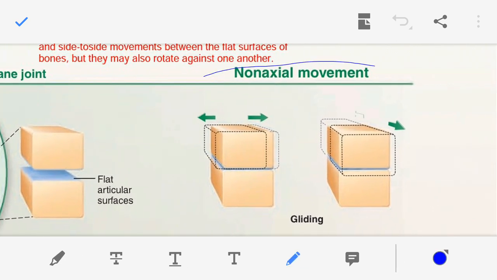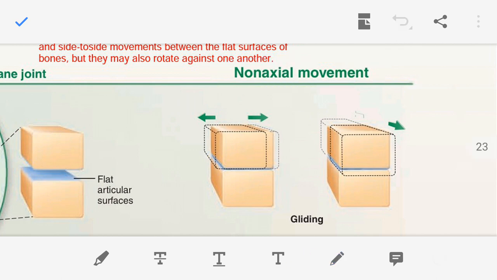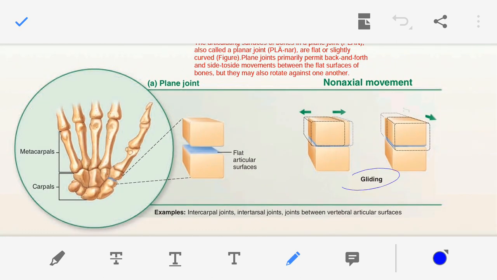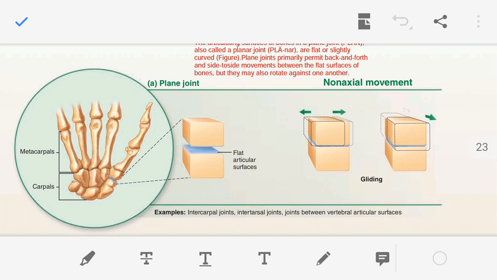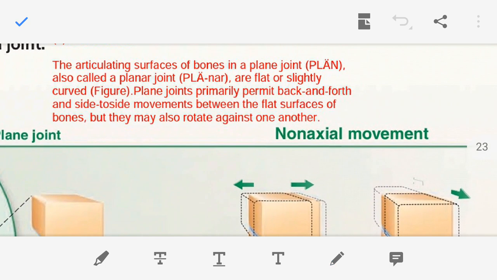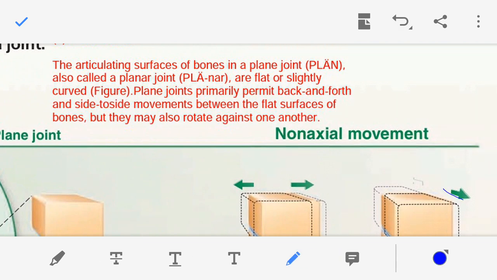And plane joints are non-axial. For example, gliding movements are possible in the plane joint, that is back and forth, this way and this way.